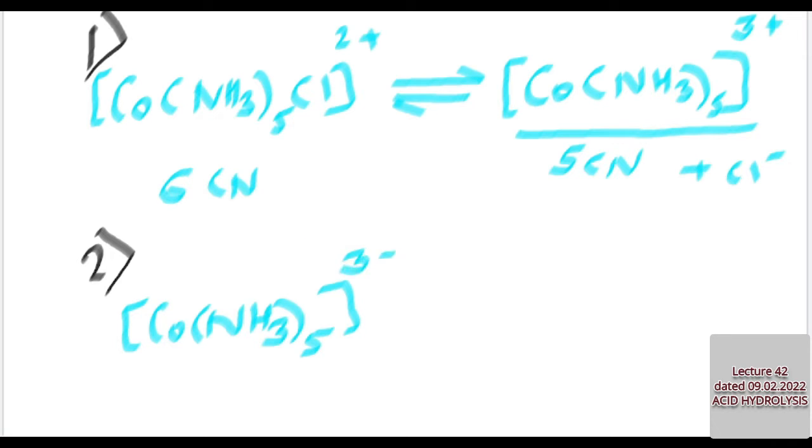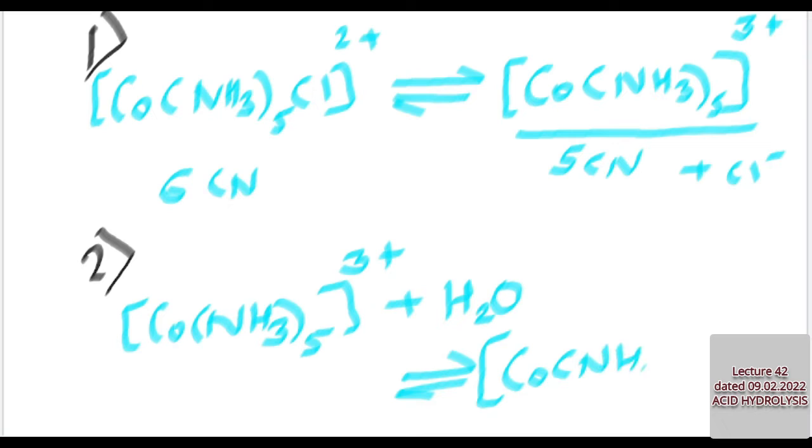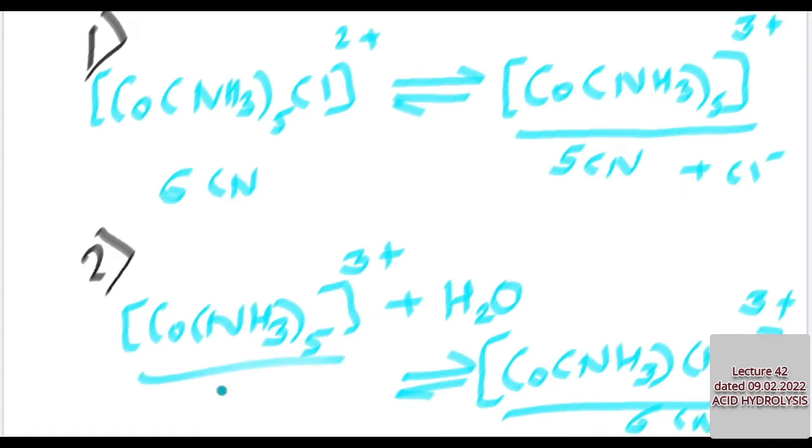In that, the ligand which will substitute the other ligand, that is the water, will enter, and the new complex will be [Co(NH3)5H2O], of course octahedral, with charge 3 plus. This is the 6 coordinated product. That was the 5 coordinated intermediate. It was the second possible mechanism.